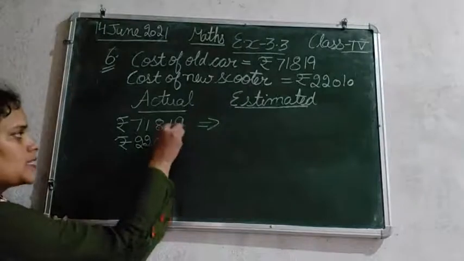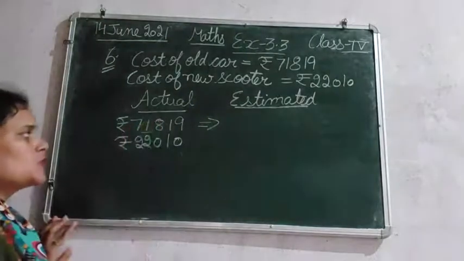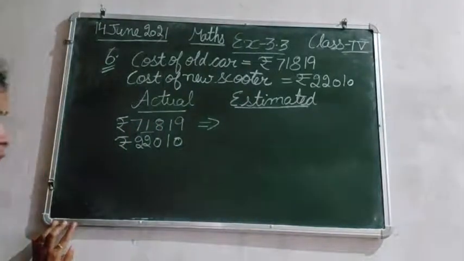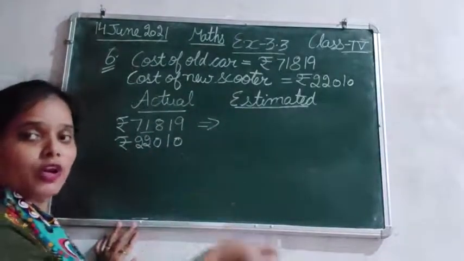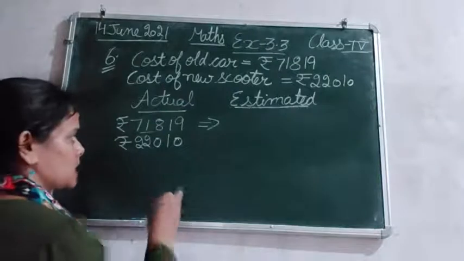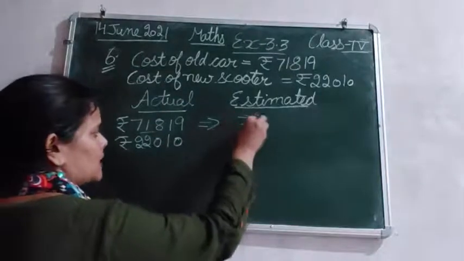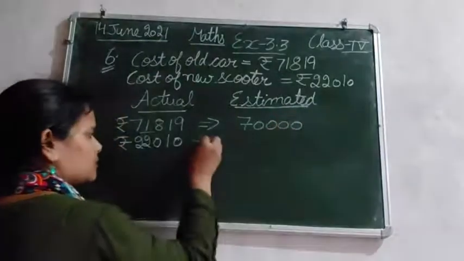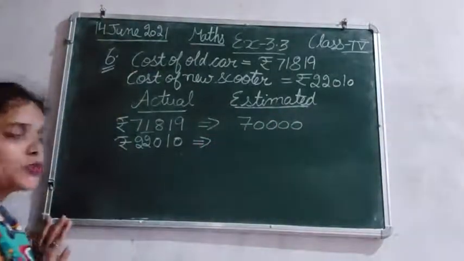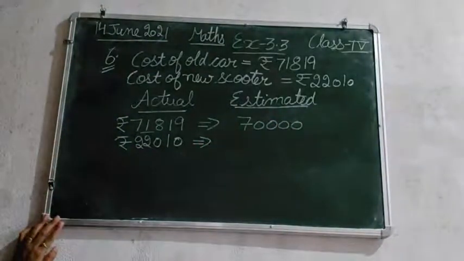Okay. 1s, 10s, 100, 1000. So at 1000 place we are having 1. Okay. So 1 is less than 5. So we will round it off to the previous 10,000. So that will be 70,000. Okay. So previous 10,000 कौन सा होगा, 70,000.